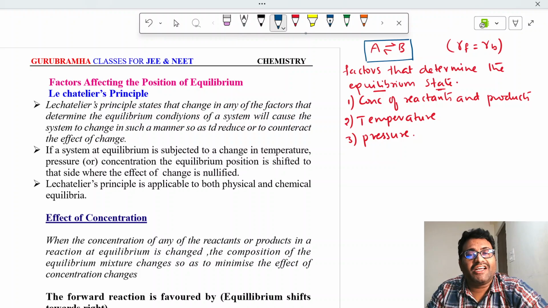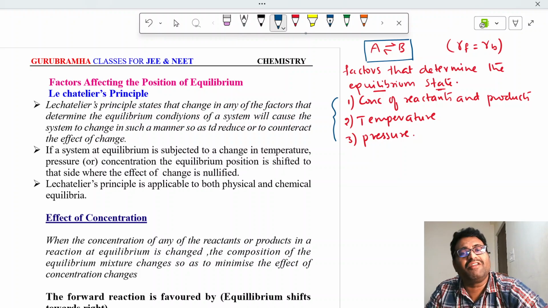This reversible reaction, its equilibrium position is disturbed. It will not be in equilibrium any further. So when you change these factors, the equilibrium is disturbed. Equilibrium is disturbed means that the reaction will not be in equilibrium.